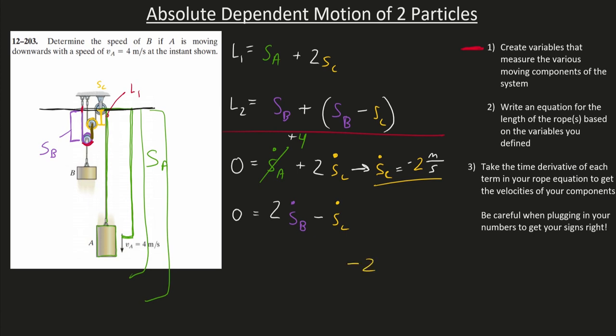I'll take this negative 2, plug it right in here, and doing that math, we learn that the speed of pulley B is going to be a negative 1 meters per second. And of course, the negative 1 means that this pulley B is moving upwards. And just as a final remark, the velocity of pulley B is the same as the block in question. So therefore, this is the velocity of block B, 1 meter per second going up.